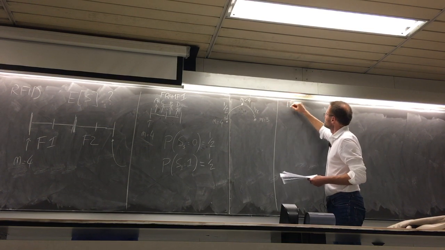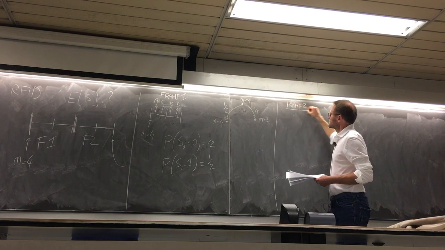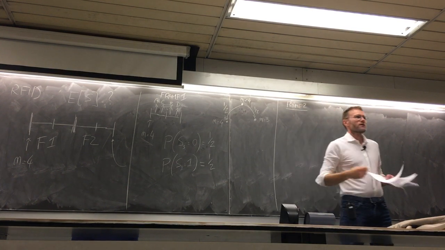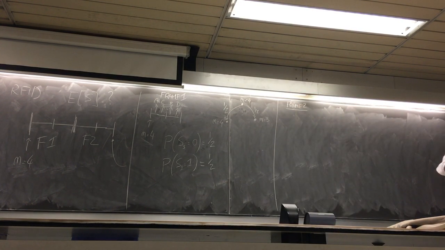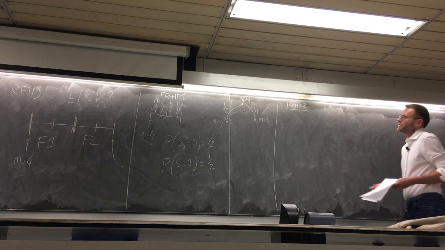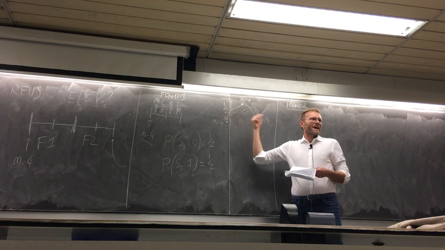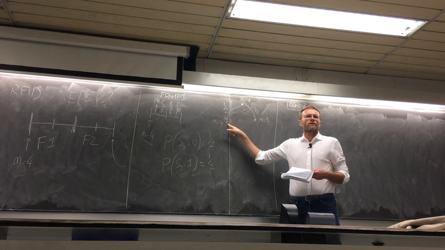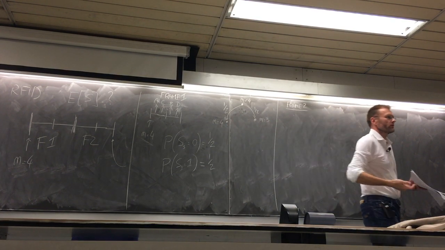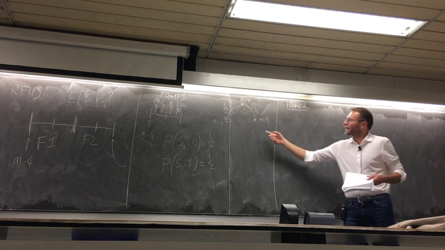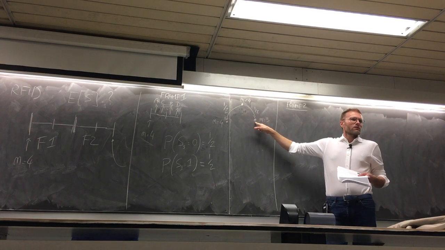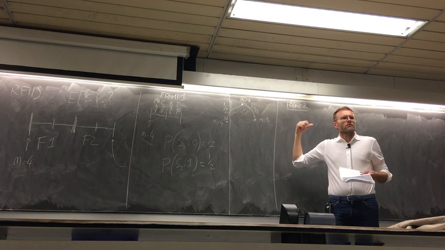Okay, very well. So let's do frame 2. We are at the beginning of the second frame, and here we have 2 cases. Either at the end of the first frame we traveled this path, so we still have 4 tags to be resolved, or we are lucky and we're here, that is, we solved 1 tag in the previous step.